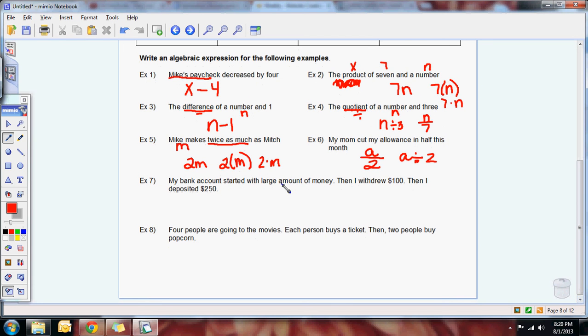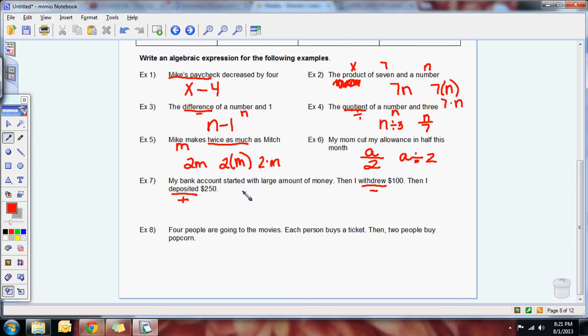All right, and then we get a little bit more complicated here. My bank account started with a large amount of money. Then I withdrew $100, then I deposited $250. So I have 2 key words here, which means I'm going to have 2 operations. When I withdraw money, to me that means subtracting money. And then when you deposit, you have positive $250.